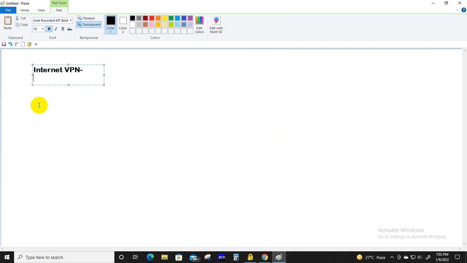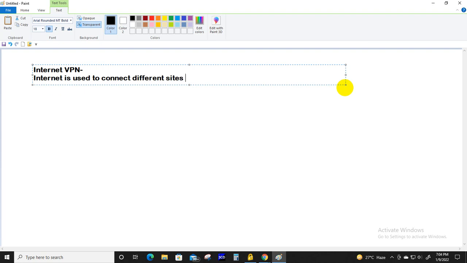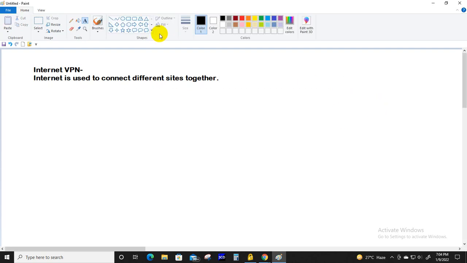We already know that internet is used to connect different sites together.